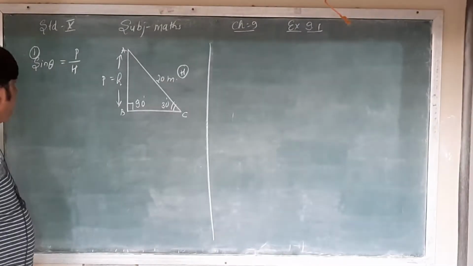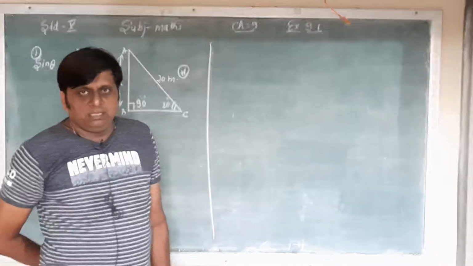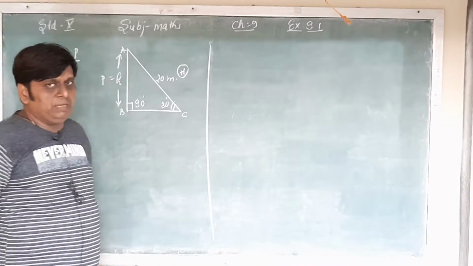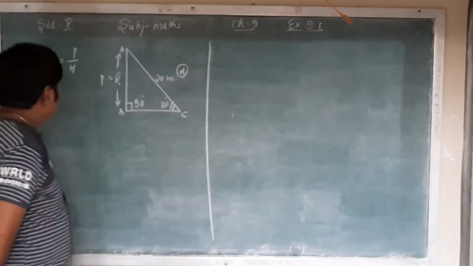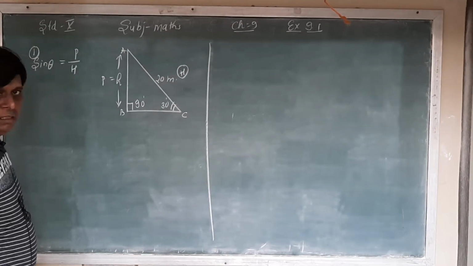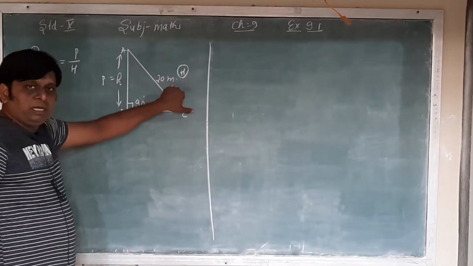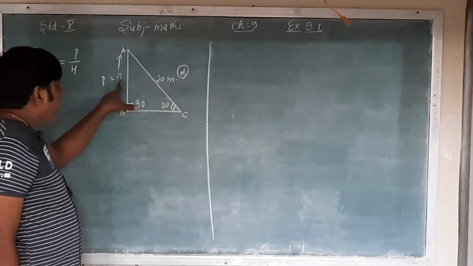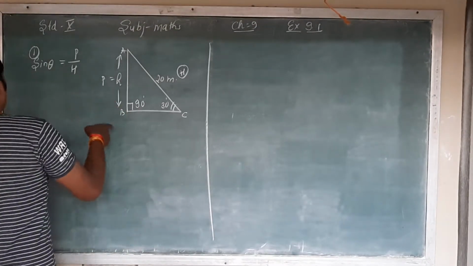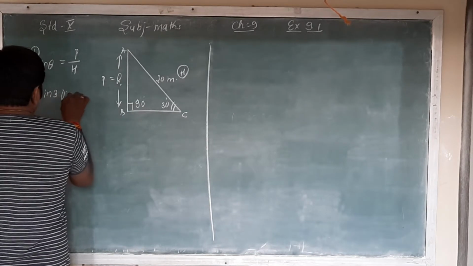In this chapter, sin theta, cos theta and tan theta are used the most. Tan theta, perpendicular upon base, is a very important formula used maximum times in this chapter. In this question we use perpendicular and hypotenuse. We find the height, and the hypotenuse is given. So P upon H is sin theta. We substitute the values: theta is the angle, sin 30.